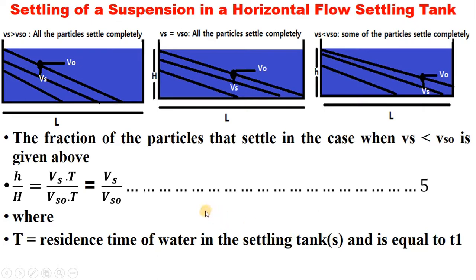That's the time it takes for the water to stay before it settles completely or before it will leave the tank, and it is equal to T1, if you can remember the previous slides.